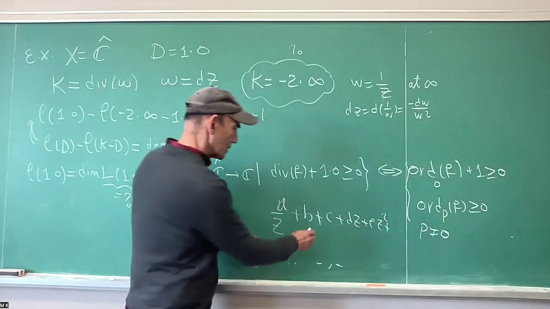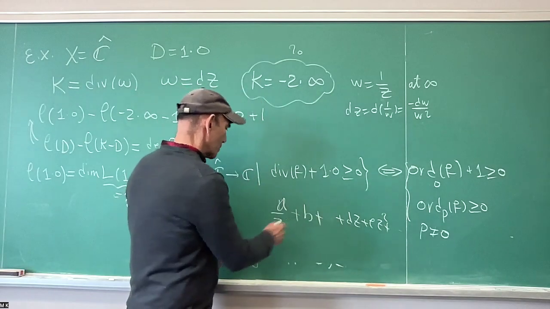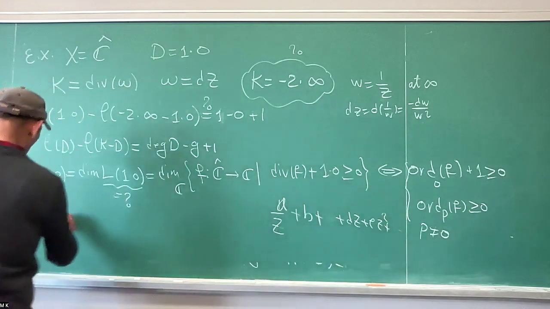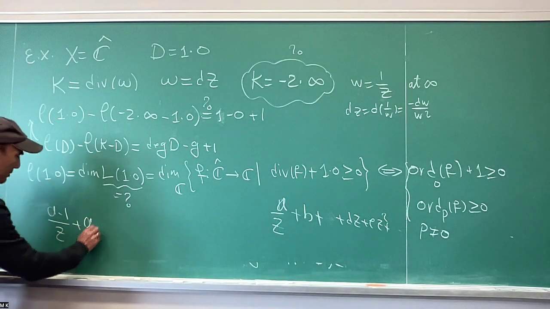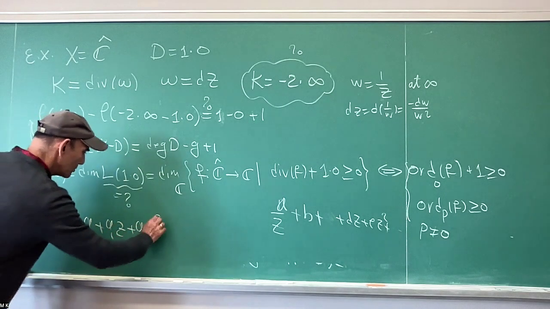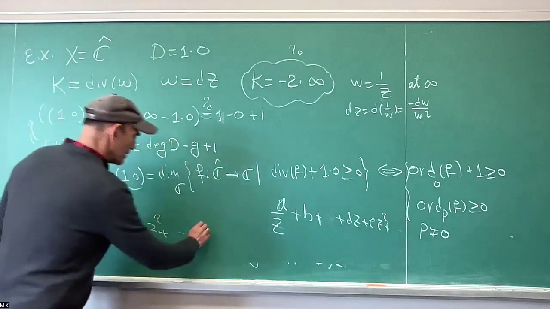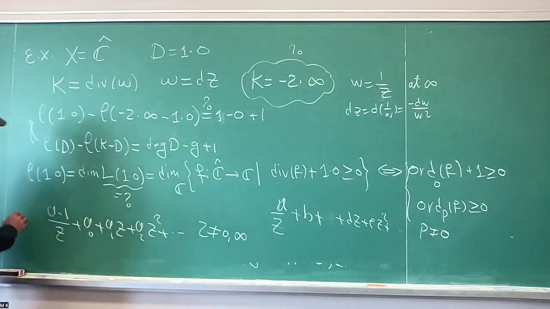Let me write it in a good way: a_{-1}/z plus a_0 plus a_1 z plus a_2 z^2. This is for z different from 0 and infinity. You know that your function f is of this form.